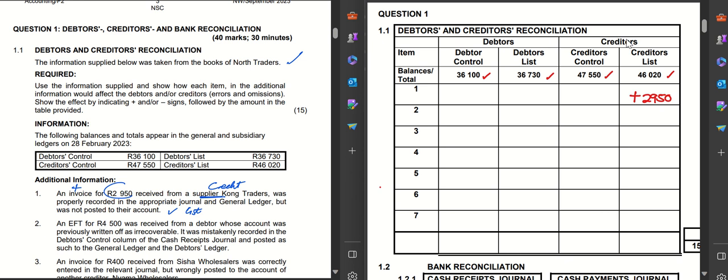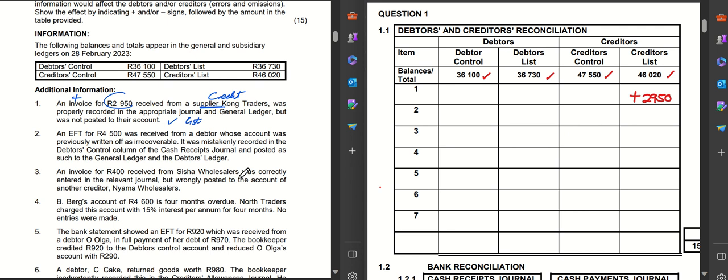The next one reads, an EFT for 4,500. That's an EFT, a payment. A payment is a minus. An EFT for 4,500 was received from a debtor whose account was previously written off as irrecoverable. So this is bad debts recovered. It was mistakenly recorded in the debtors control column of the CIJ. This is an error we know.